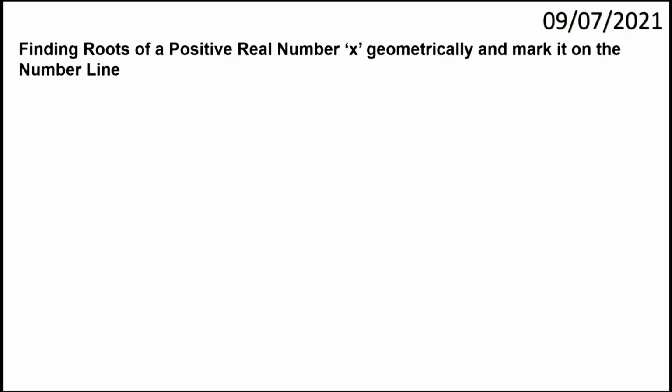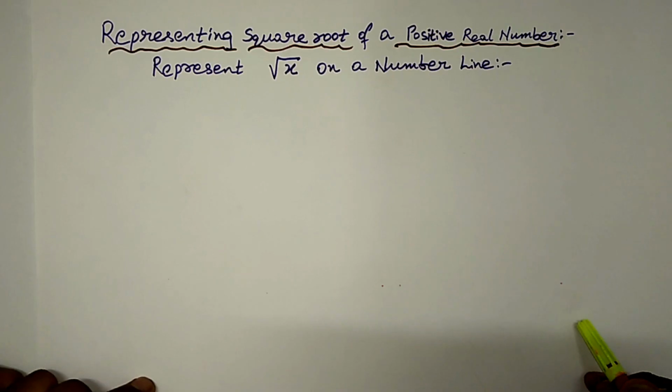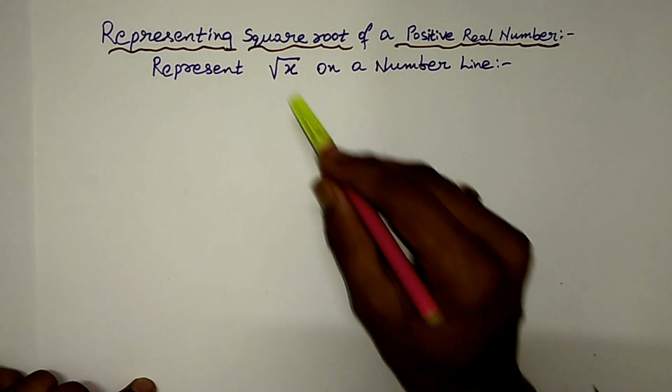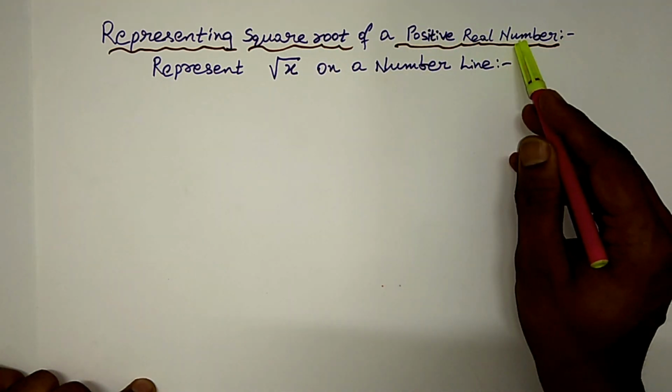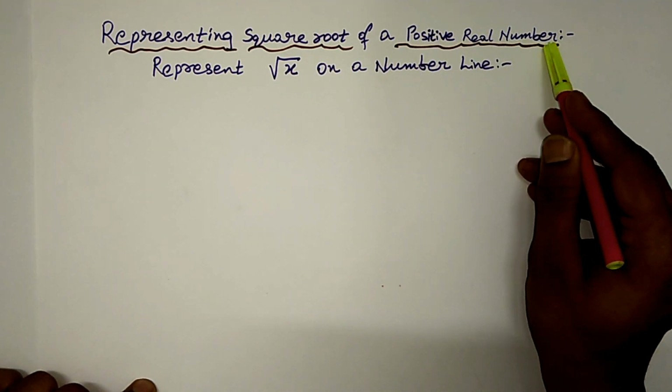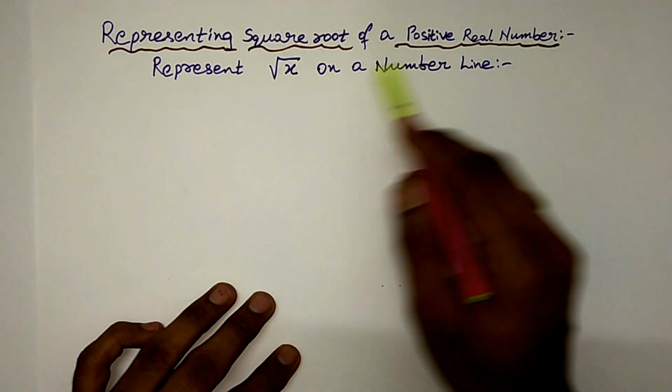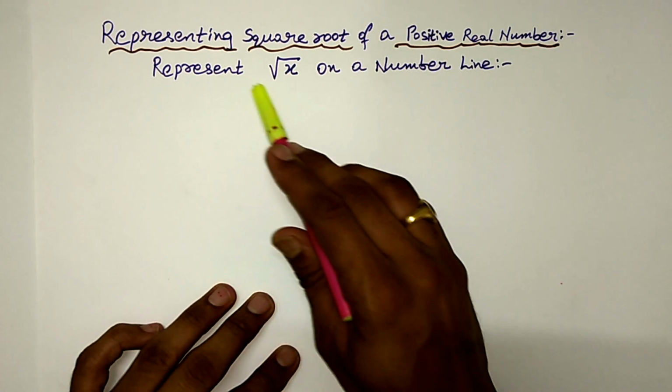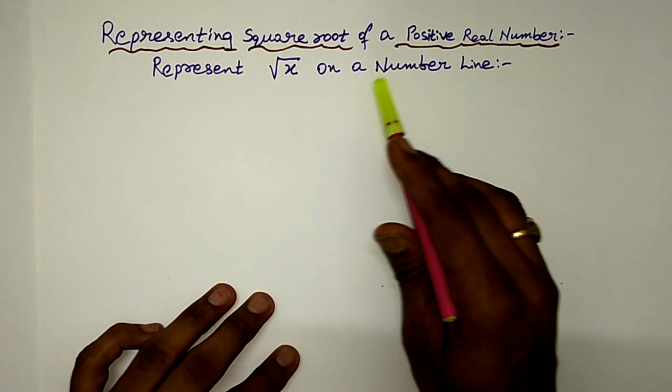We will be watching it as a practical video. Here we are going to represent the square root of a positive real number, that is, we are representing root x on a number line.